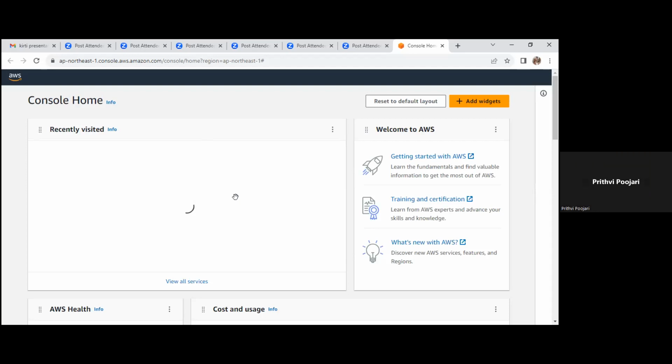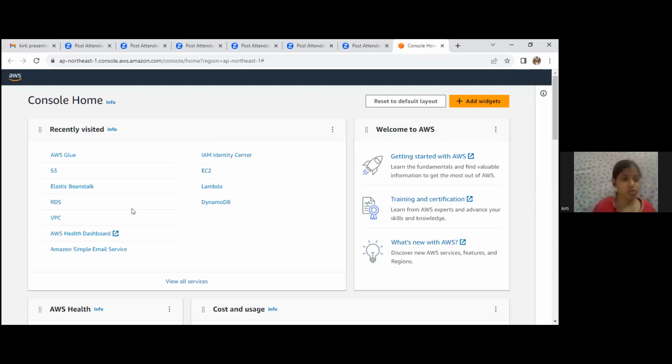The console dashboard isn't loading. Yes, sir. See, if there isn't a demonstration, I can't grade you. Yes. Yeah.